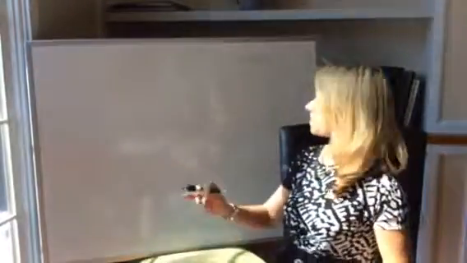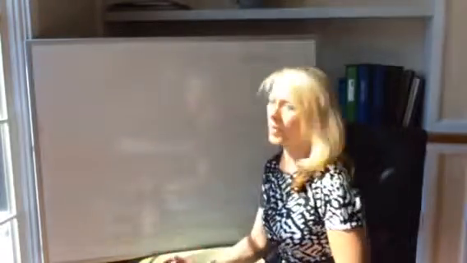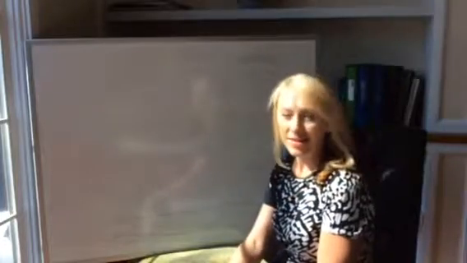So let's create a hierarchy here. Let me drop my marker. We're going to do a pyramid. At the bottom of our pyramid is going to be what we call the most intrusive prompt. Can you guess what that is? That's full physical guidance.